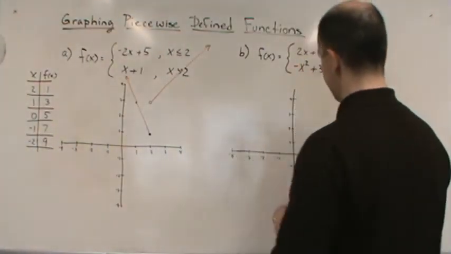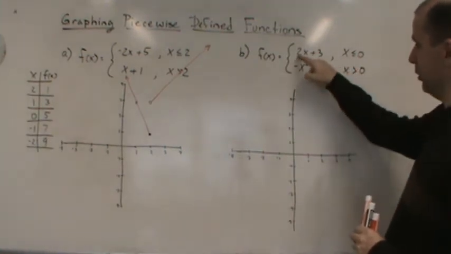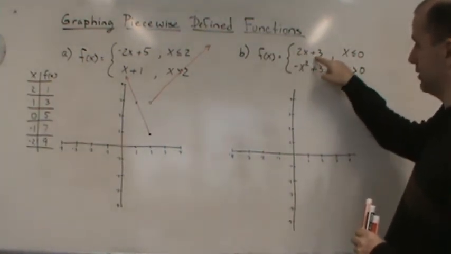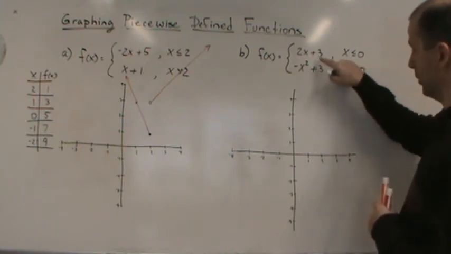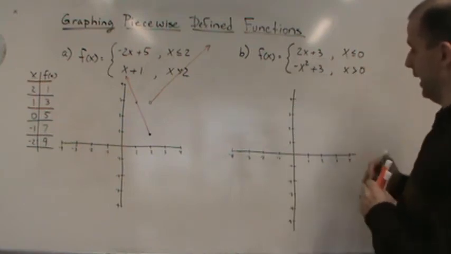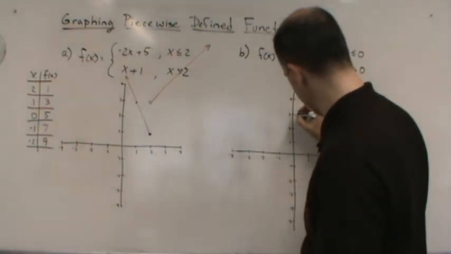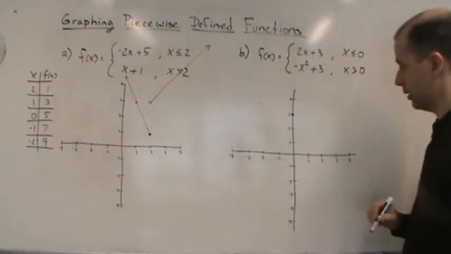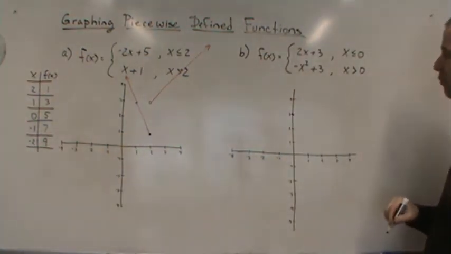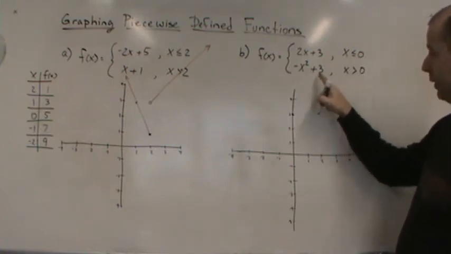So again, let's see what happens at 0. At 0, this is going to be 3. Now since the equal sign is here, we're going to put a closed circle at 0, 3. Now here at 0, what happens here?